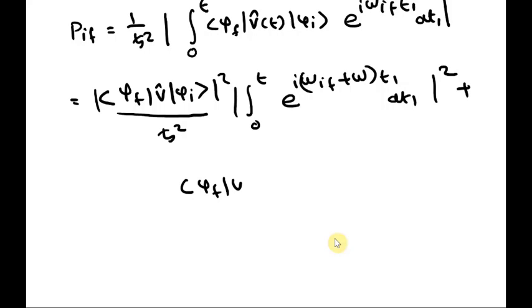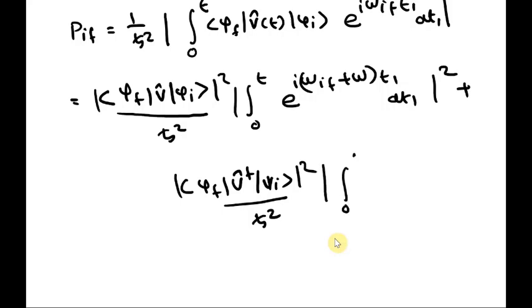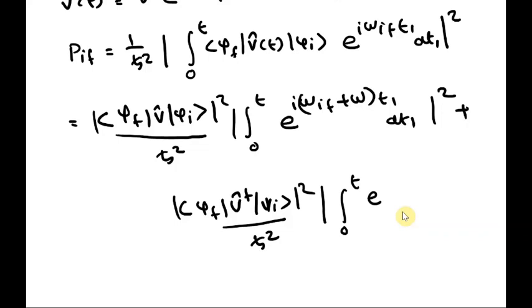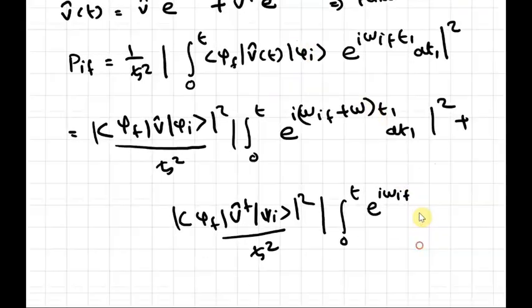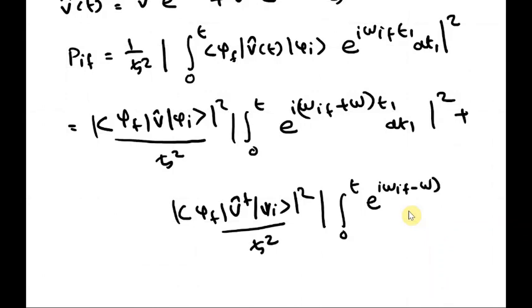Modulus square of psi f, V dagger, psi i divided by h cross square, and you have the integral from 0 to t of e raised to i omega_if, and you have to subtract omega from that value, so this is minus omega, t1 dt1, square of it.